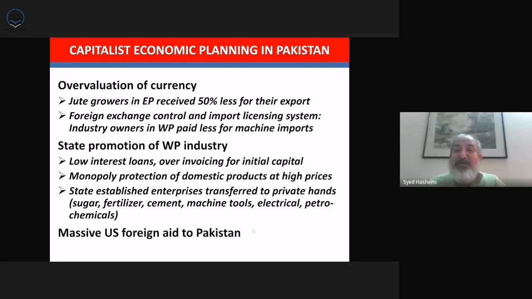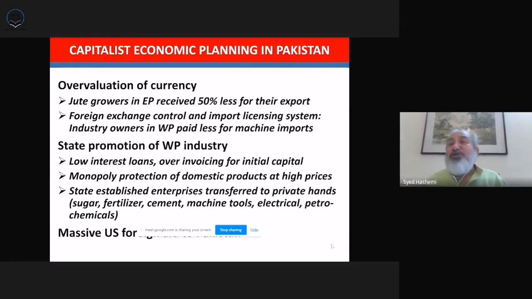So for every dollar, people were getting less rupees. So once again, the East Pakistani jute growers were getting half as much for the actual value of the dollar, and West Pakistanis were getting twice as much for the value of the dollar they were importing. This is how resources were transferred from East Pakistan to West Pakistan.